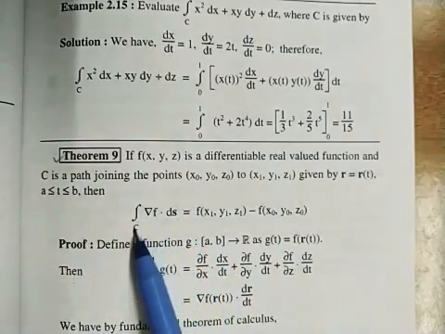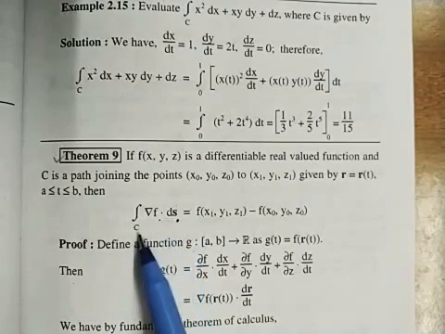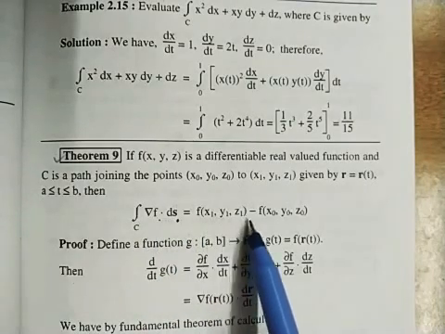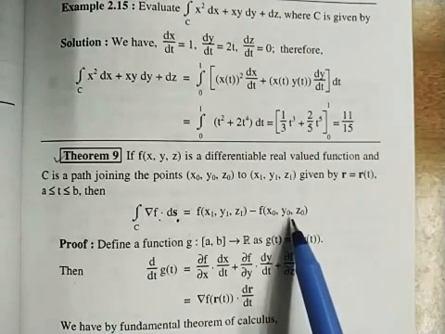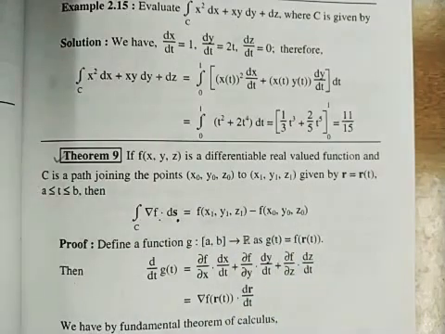Then the integral of grad f dot ds over C is equal to f(x1, y1, z1) minus f(x0, y0, z0). Okay, this integration can be found by this formula.